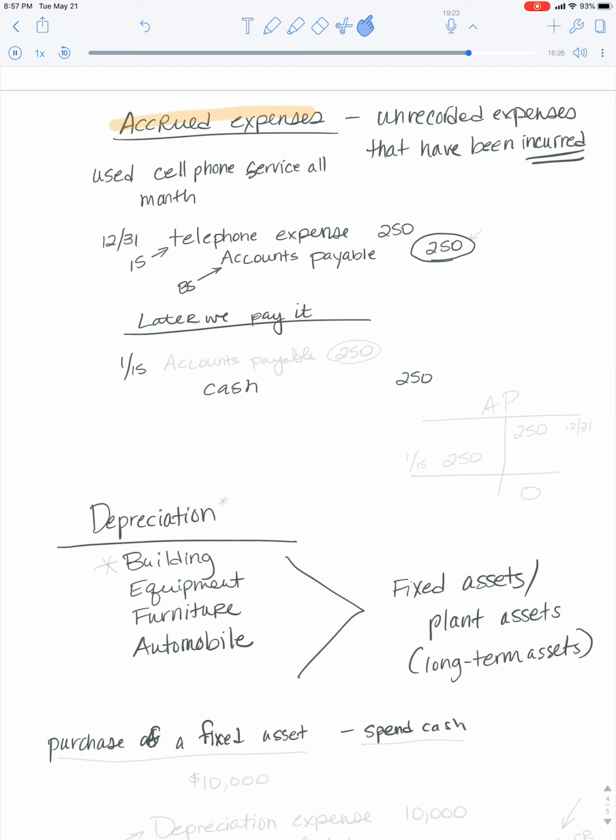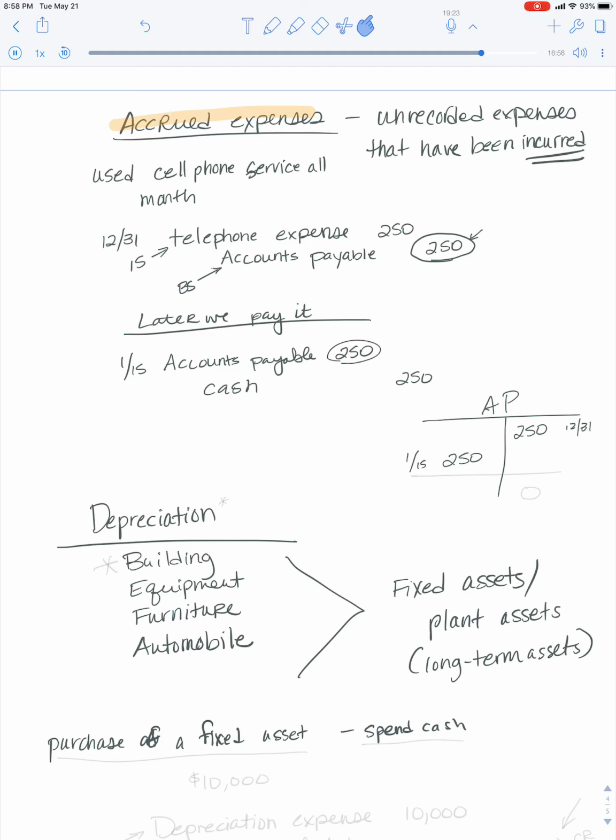So to remove a credit balance of $250, we're going to debit accounts payable for $250. So your T account for your accounts payable might look like this. You put $250 in there on December 31 as a holding space. Then after we paid it, we want it to go zero. So on January 15th, we debited that account here. And so now it has a zero balance in accounts payable.